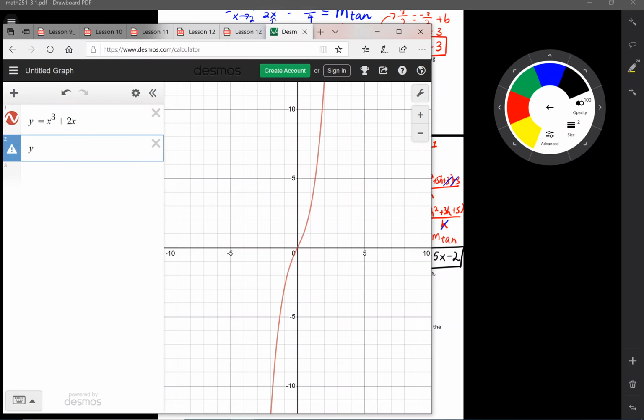And I want to graph y equals 5x minus 2. So this blue line just touches the graph at the point 1, 3. It bounces off and then it continues on. So this graphing is a good way to check it. In this case, we definitely did this right because our tangent line looks a-okay. So we are good to go.